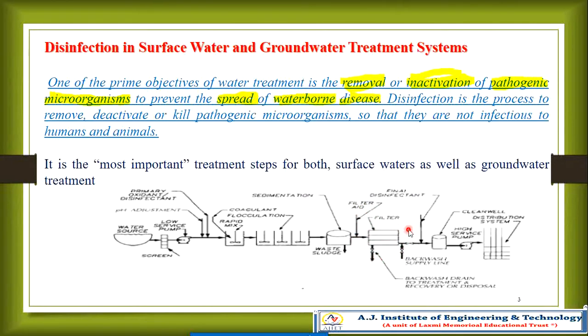If you use a rapid sand filter, the rate of removal of microorganisms is low compared to a slow sand filter.